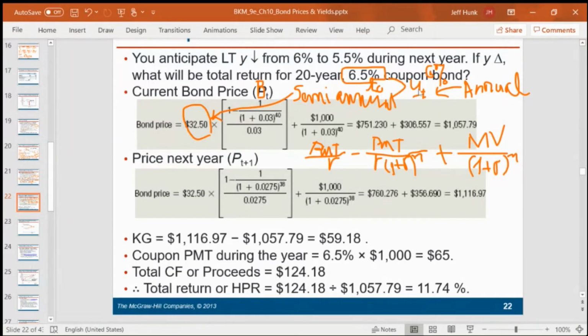So that's why I don't use the symbol Y in here, because R is the periodic rate. Regardless of what the compounding frequency, in other words M, is, R would always refer to the periodic rate, the rate adjusted for compounding frequency.